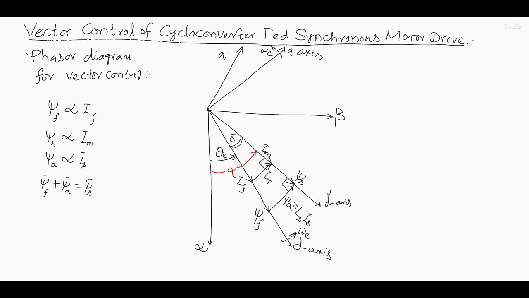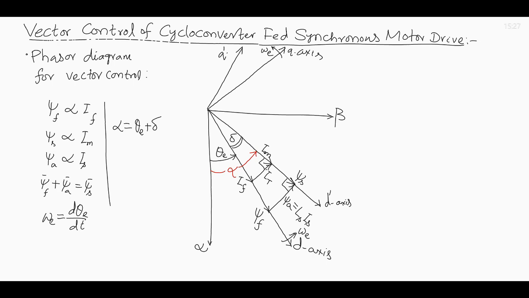That means angle alpha equals theta e plus delta. Delta is the load angle or torque angle or power angle. Theta e is such that omega e, the synchronous speed of the reference frame, is d theta e by dt, and alpha is theta e plus delta.